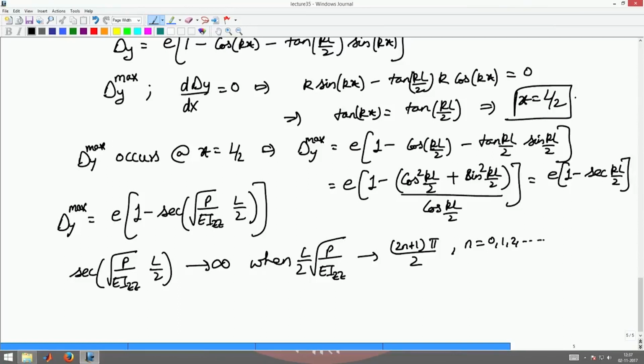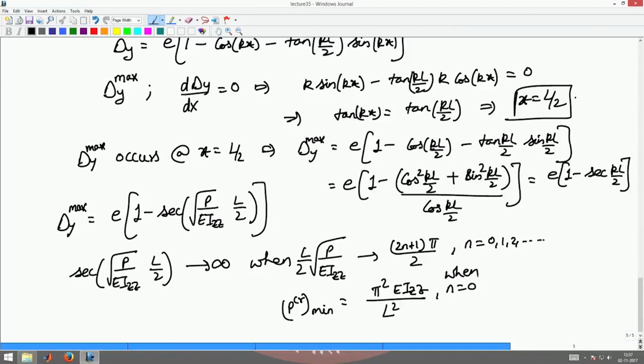Now, the P critical minimum then is pi square EIzz by L square, corresponding to n equal to 0.